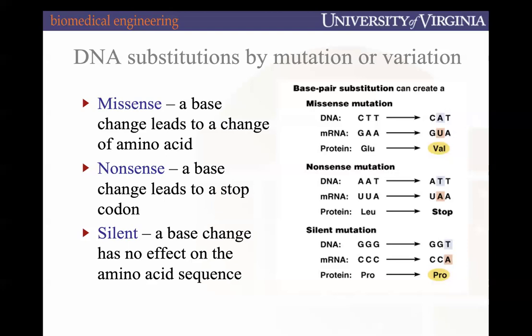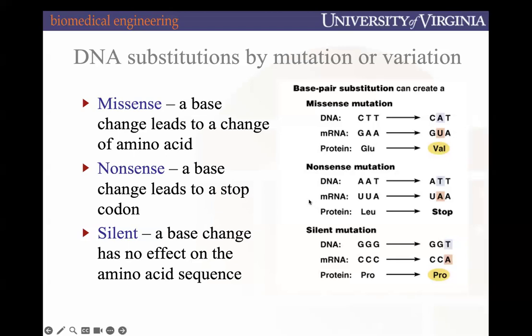For example, we talked about with sickle cell disease that there's a mutation that changes glutamate to valine. At the DNA level, we have a thymine to adenosine mutation here. That's going to lead to a change at the mRNA level. And so this codon at the mRNA level is going to encode a different amino acid. And that's how we get a missense change of one amino acid to the other.